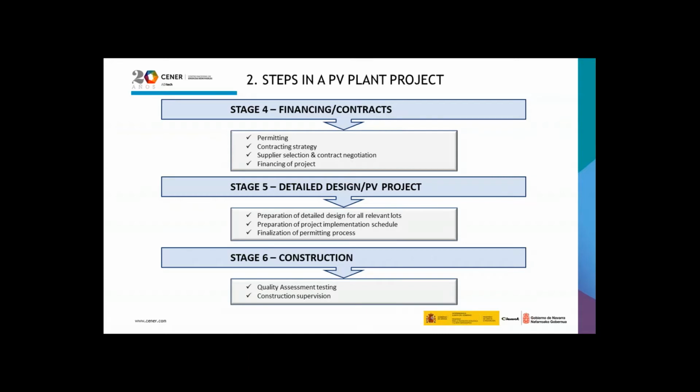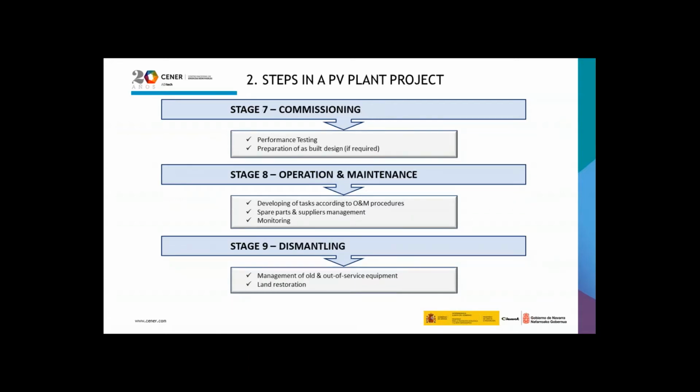Stage 6 is the construction of the PV plant that involves these tasks: the quality assessment testing, the on-site plan and the construction supervision. Stage 7, commissioning, contains these tasks: the performance testing and the preparation of as-built design if required by the project.